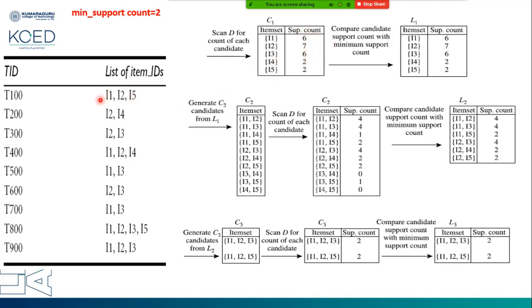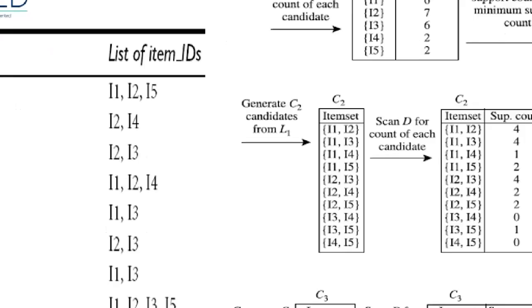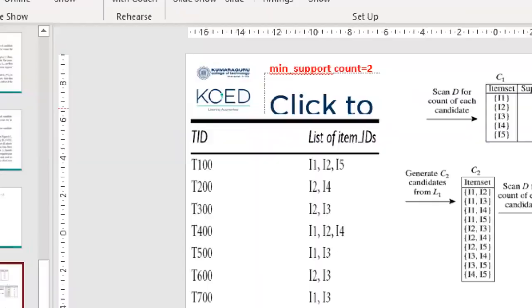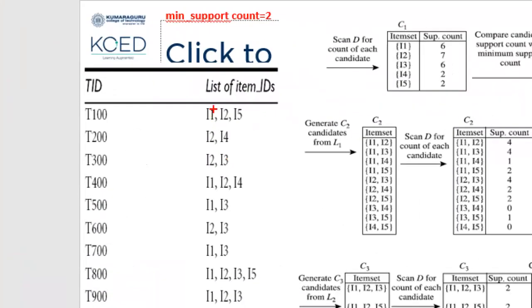If you take I1, how many times does it occur? I1 occurs 1, 2, 3, 4, 5, 6, so totally 6 times.